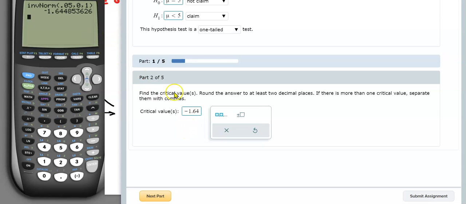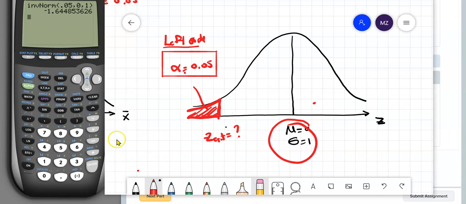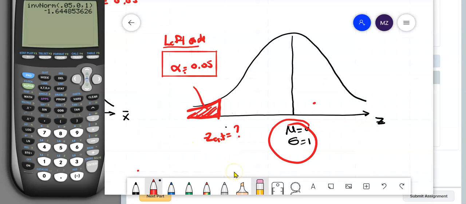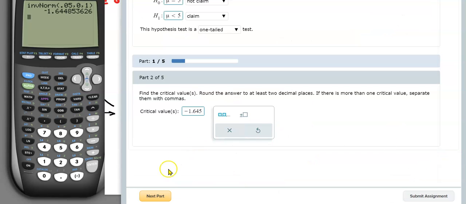They say at least 2 decimal places, so you can put a 5 later on: 1.645. Again, remember, because we have only a left tail, there is only one z critical value, minus 1.645. We are not doing the 2 tails for this question. All right, next.